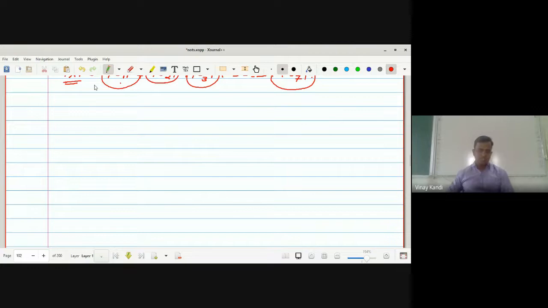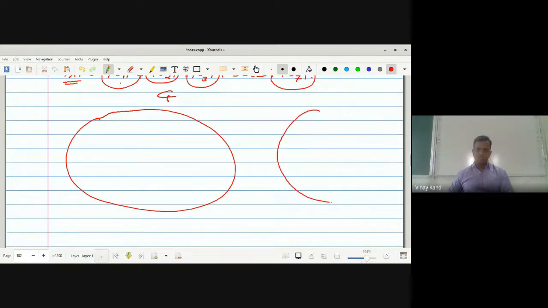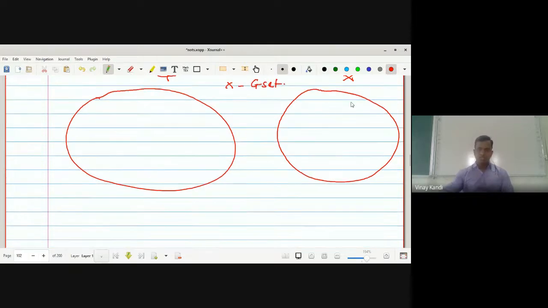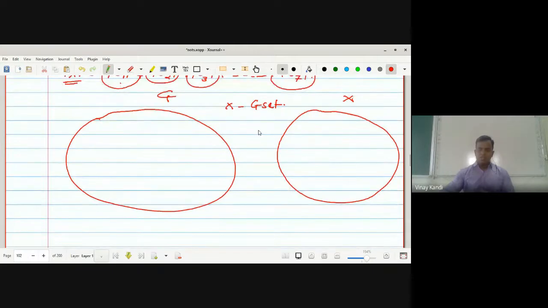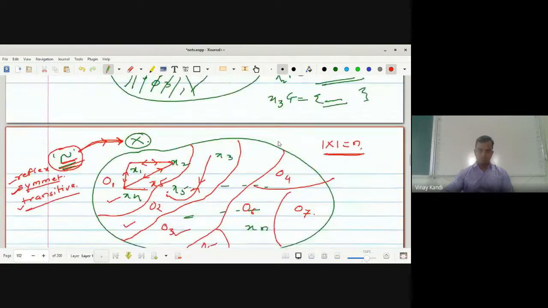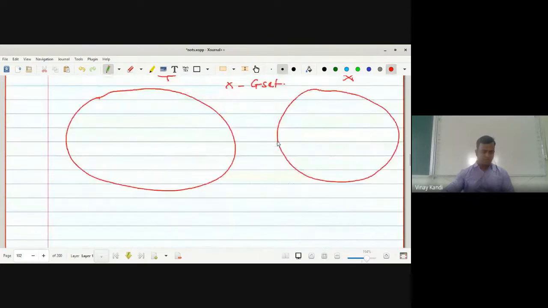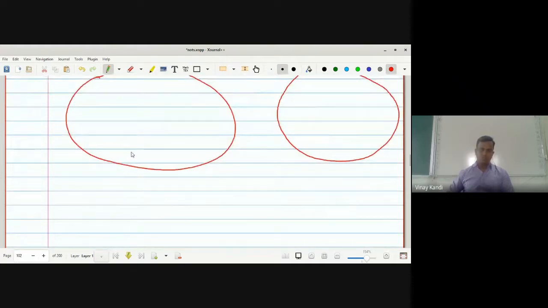What is Gx? This is set G, and suppose this is X, capital X. Suppose this X is a G-set. That means there exists a function from X cross G to X, satisfying two properties.